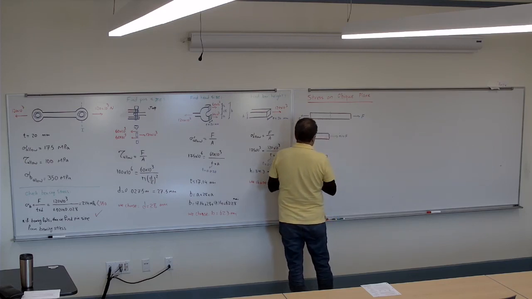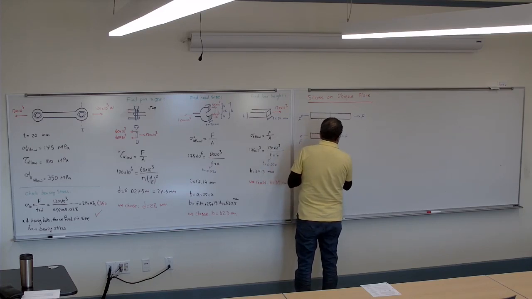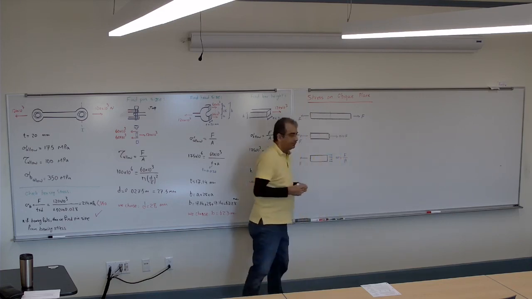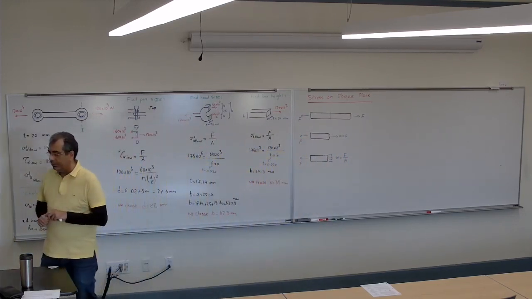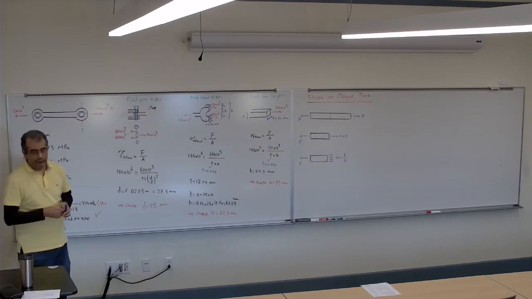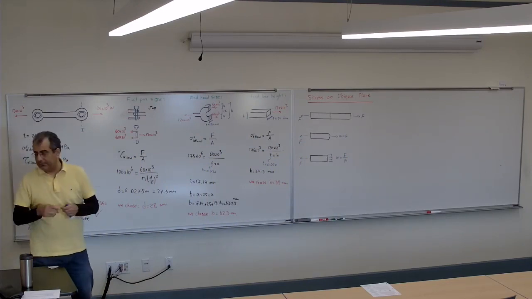So it's going to be F here, and then I have the normal stress here, and that's going to be sigma, which is equal to F divided by the area here. So that's what I have in this form.